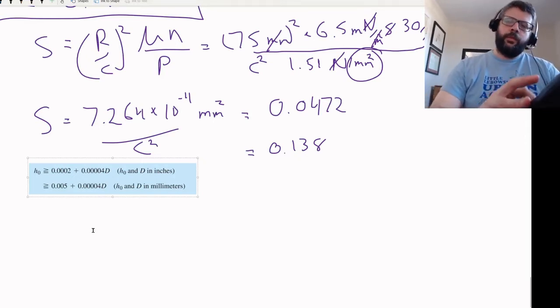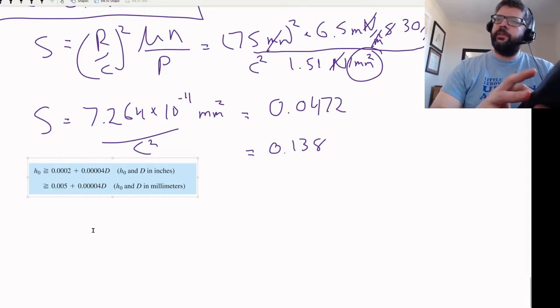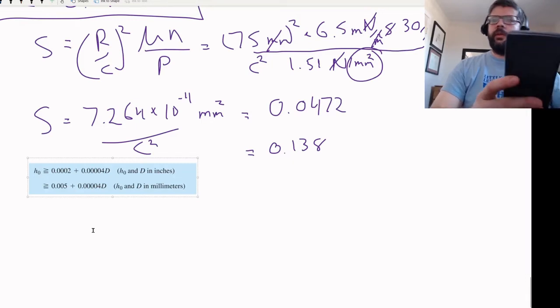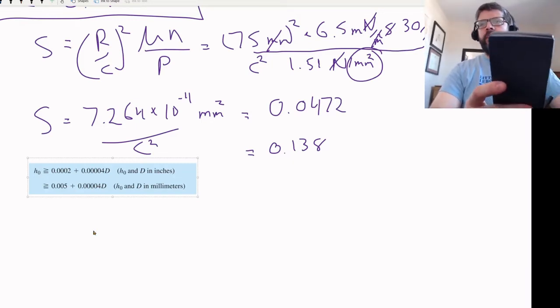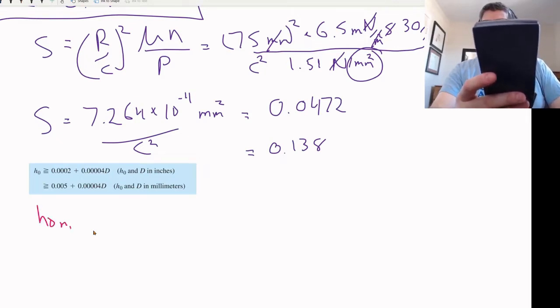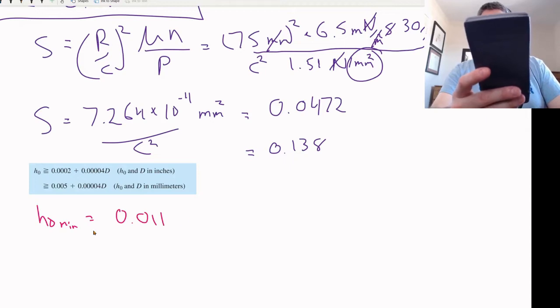So 0.005 plus 0.00004 times 150. That'll give us a minimum H naught that is acceptable for our condition for this bearing of 0.011 millimeters.